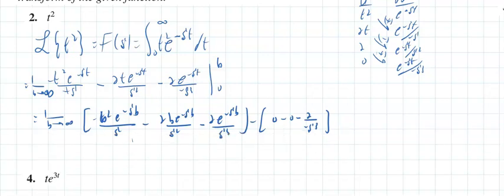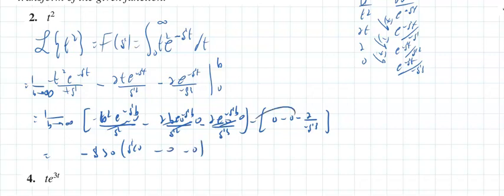And that turns out to be, this would be 0, this would be 0, and this would be 0 if negative s is positive, or s is negative. This will approach 0 too because exponentials dominate over anything.